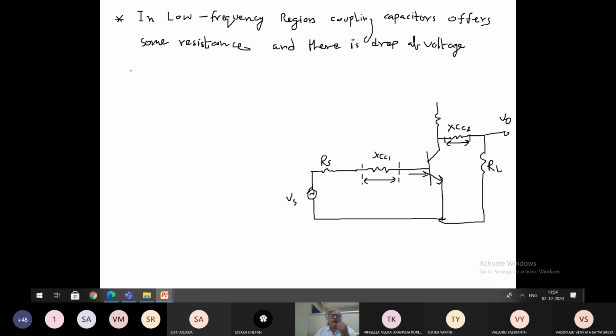Therefore the voltage gain drops in the low frequency region. You get the point?